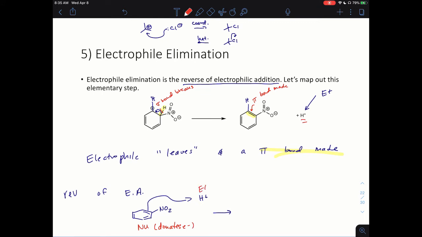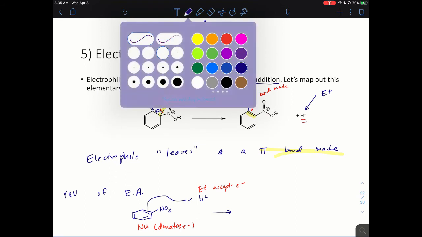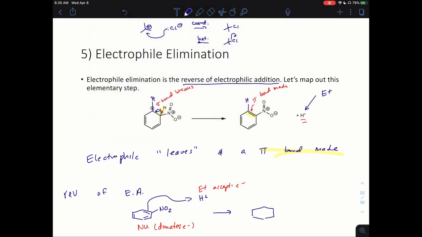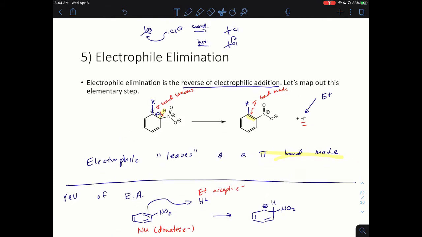This is certainly an electrophile because it accepts electrons. Okay, and it would give us what we started with. All right. So you just want to start to recognize these different reactions.